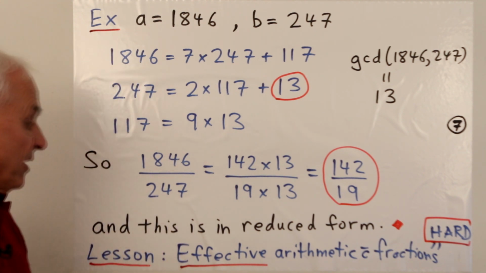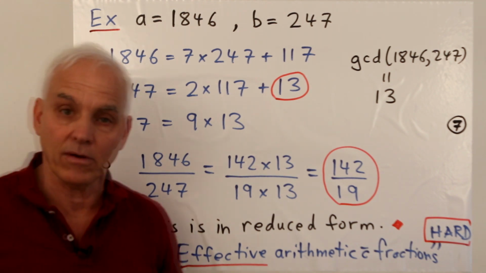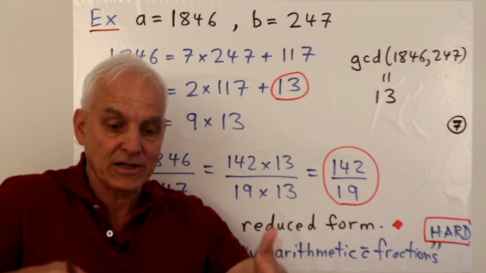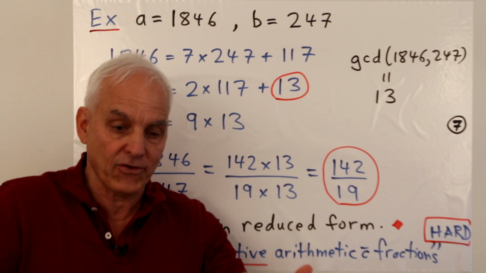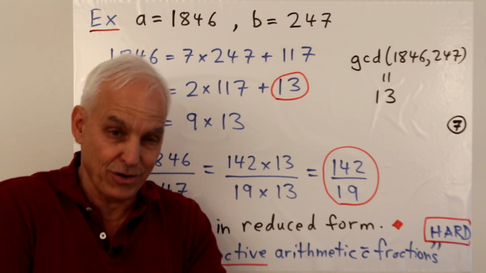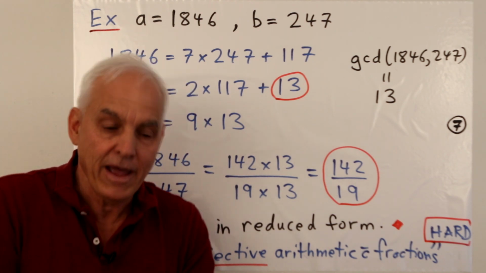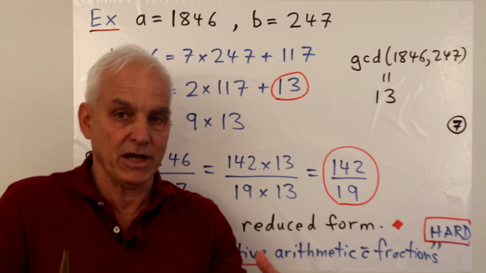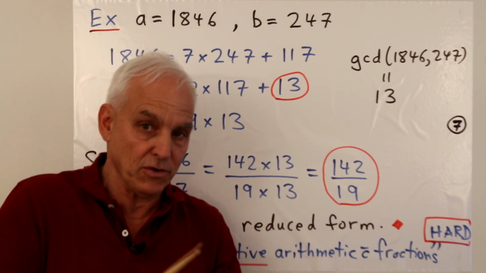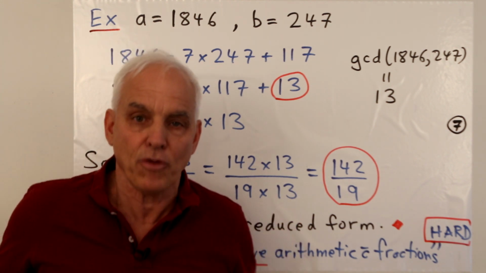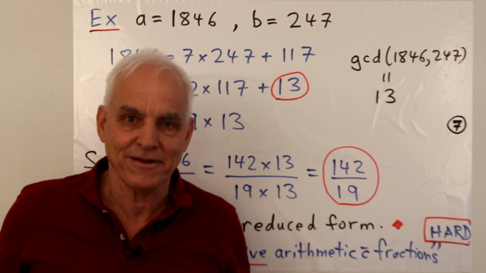And you can see that this is non-trivial. Okay? So if you're going to teach students an effective arithmetic with fractions, you really want them to appreciate the importance of a canonical or reduced form. And if you want to give them a real technology that actually works more generally, not just in the low cases when you can factor numbers, then you have to teach them the Euclidean algorithm. You have to go back to Euclid.